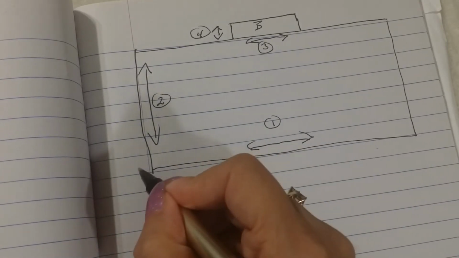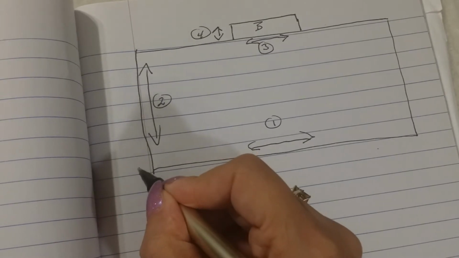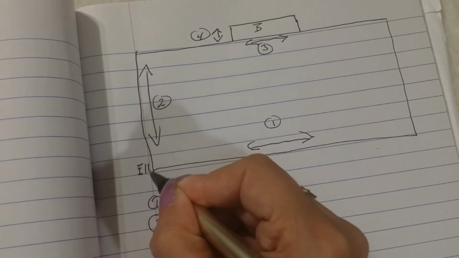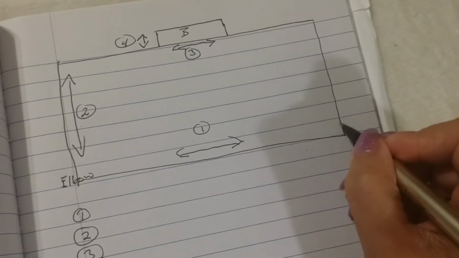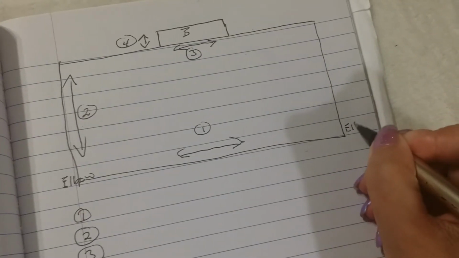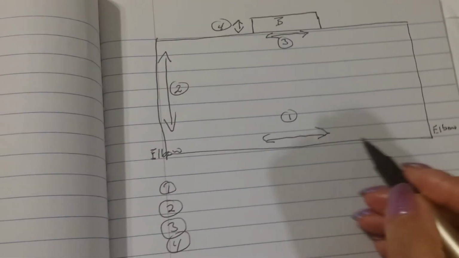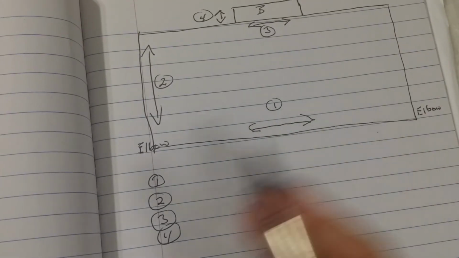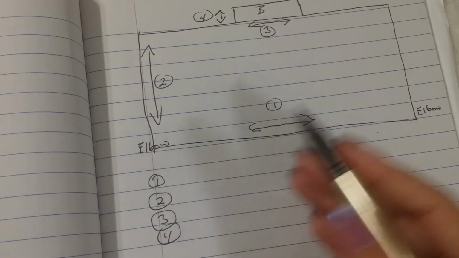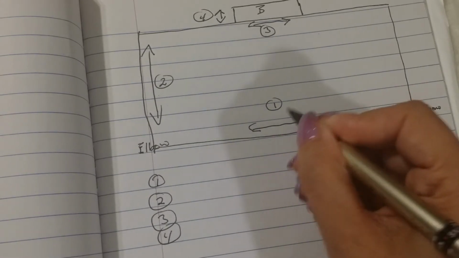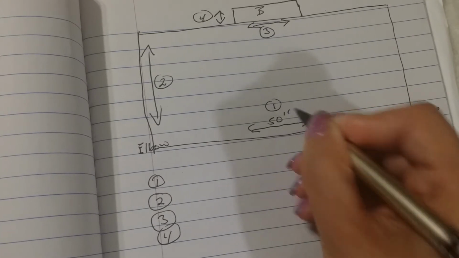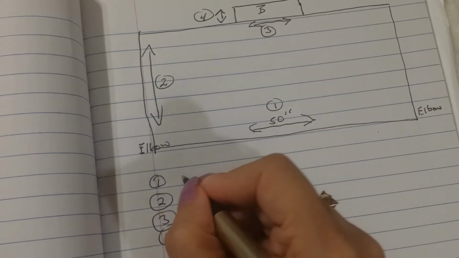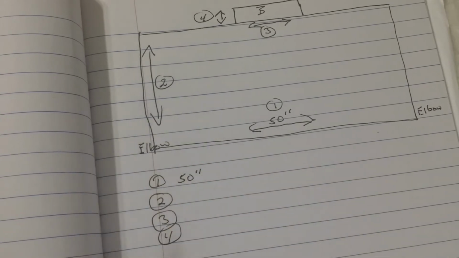So basically this is from one elbow to the other. And I'm just going to say hypothetically that it is 50 inches between the 2. So I'm going to put 50 inches here.